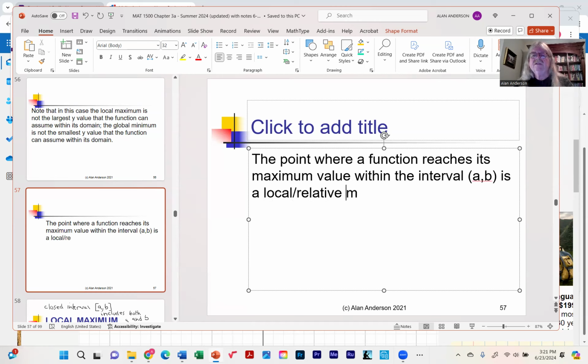The point where the function reaches its minimum value within the interval is a local or relative minimum.